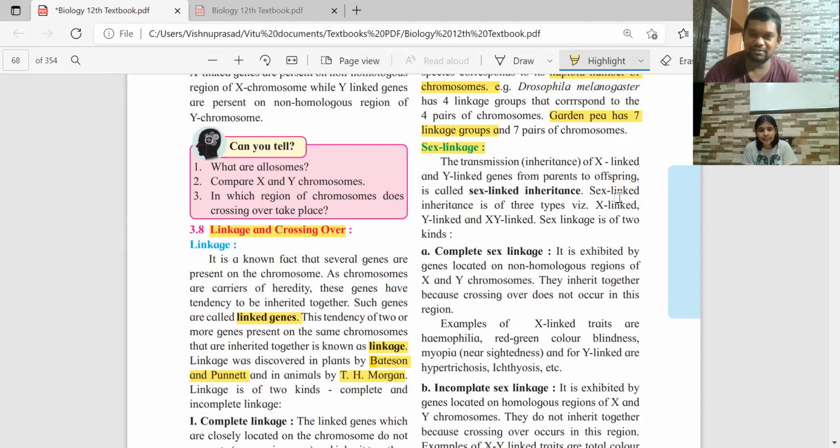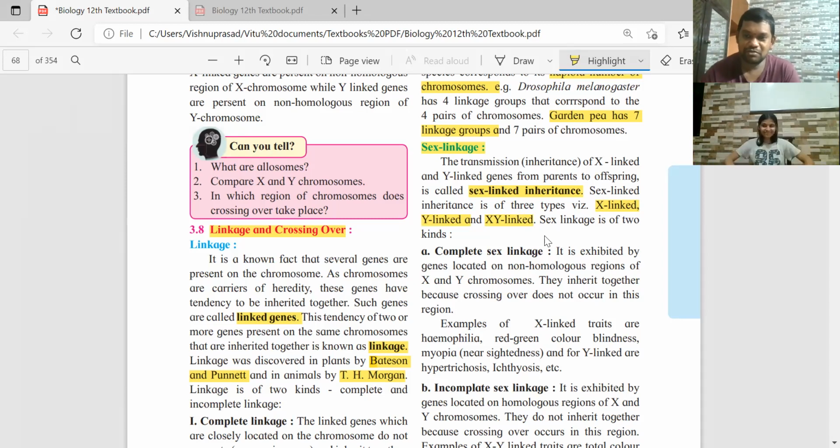When the inheritance of the genes takes place from the X-linked or the Y-linked genes, that is called sex-linked inheritance. That is of three types: one is called X-linked, the other one is Y-linked, and the third one is XY-linked. Three types of sex-linked inheritance.